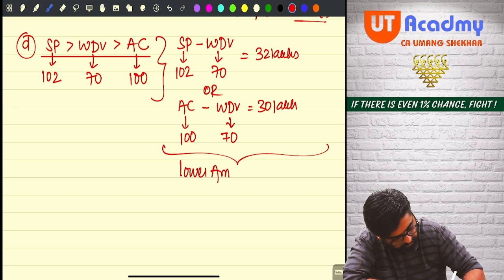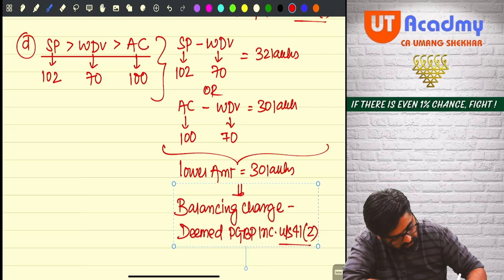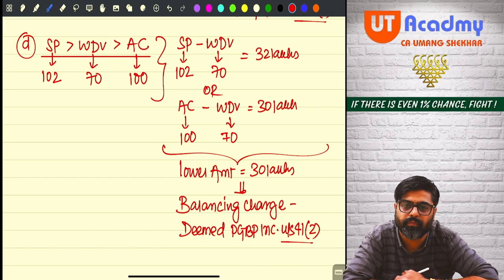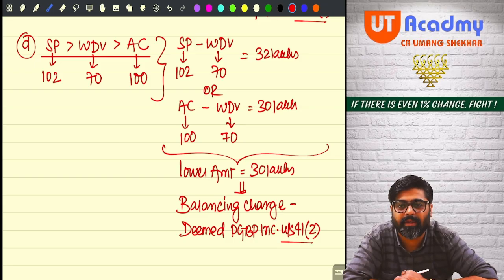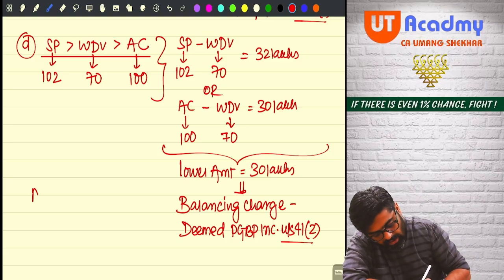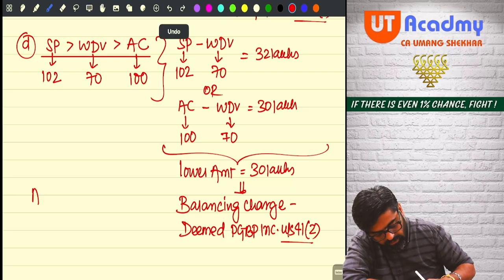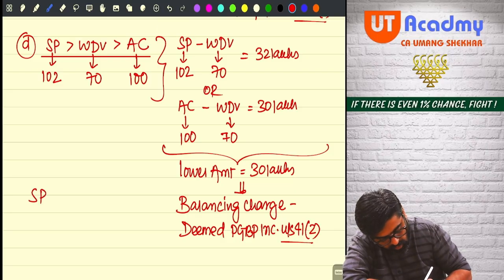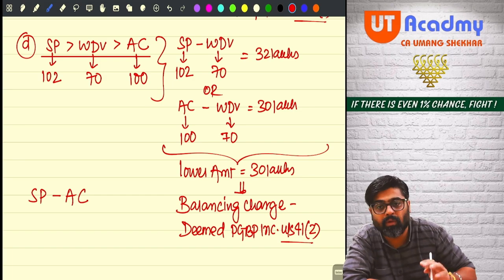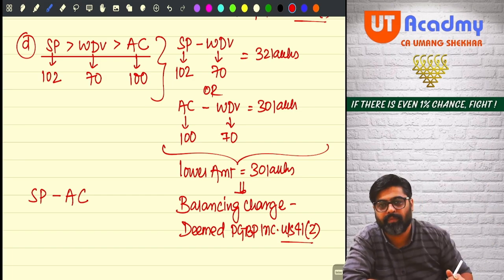Lower amount, which is equal to 30 lakhs. And this amount will only be taken as your balancing charge. So what about that extra 2 lakhs? That will be treated as your capital gains. Understanding? So actual cost, any selling price over and above the actual cost will only go to capital gain.